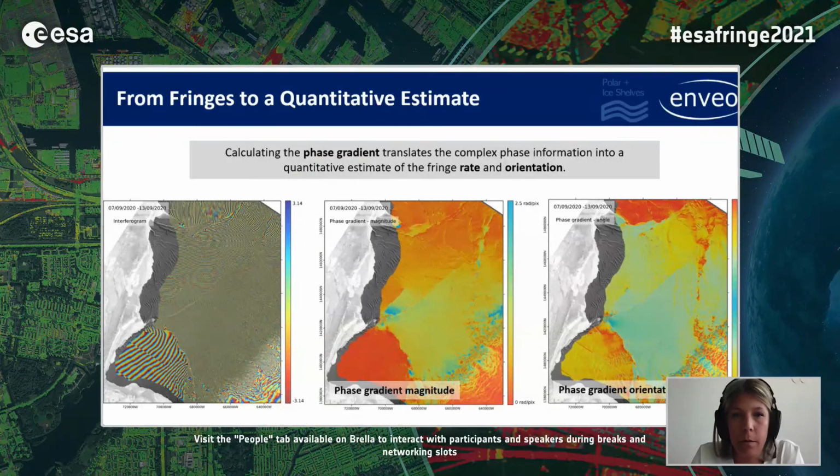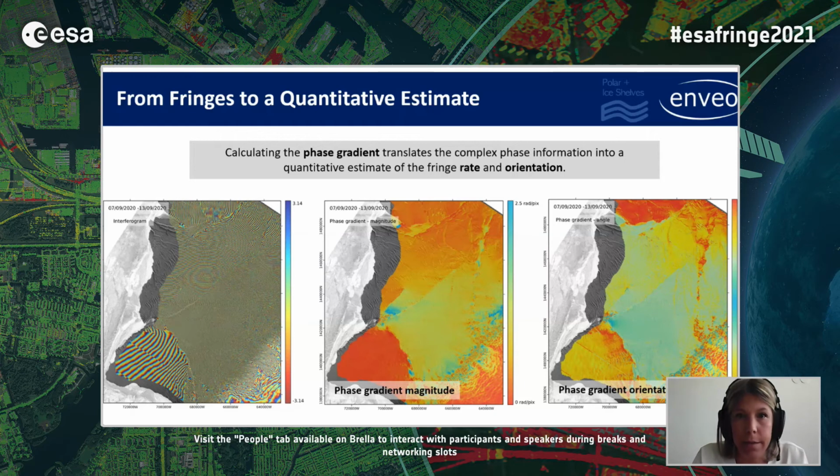But the problem is that we have fringes, and that's complex information that's not so easy to manipulate to extract the discontinuity line directly. Since our assumption is that we have different fringe rate and orientation on both sides of the crack, we calculate the phase gradient, because this is basically the translation of this information. The phase gradient has a magnitude and an orientation.